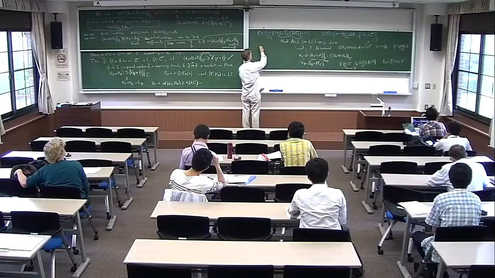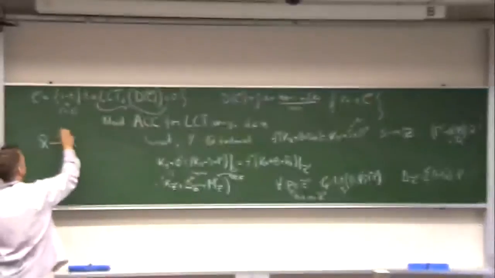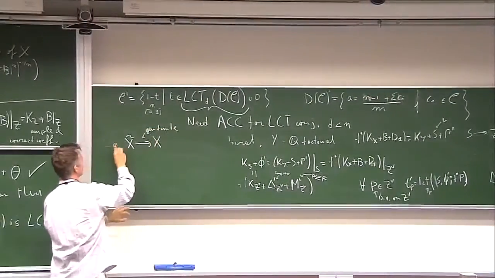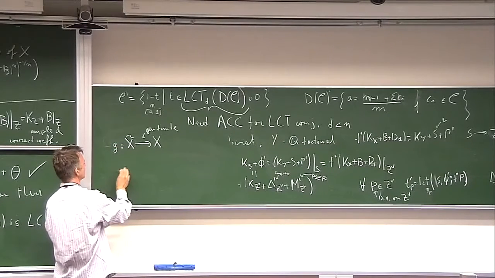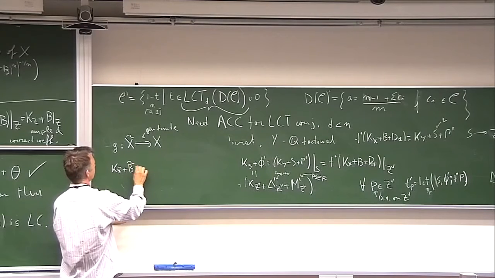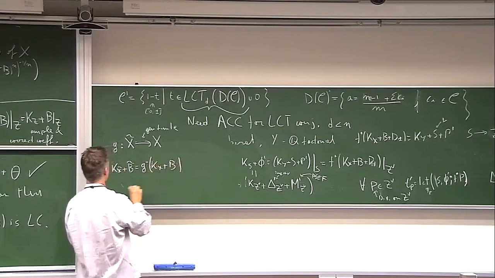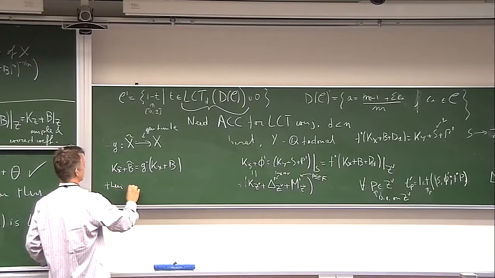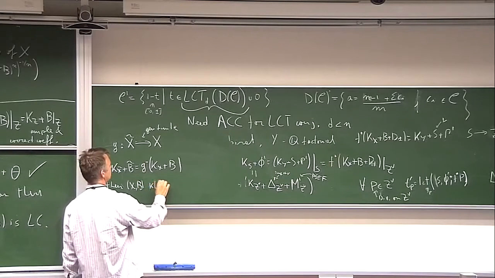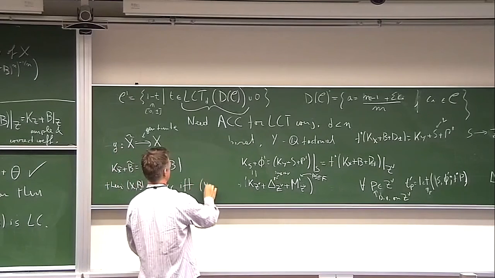So suppose that x tilde to x is generically finite, and we have a map G, then let me write kx tilde plus b tilde is G upper star of kx plus b. Then the pair x, b is KLT / log canonical if and only if so is the pair x tilde, b tilde.